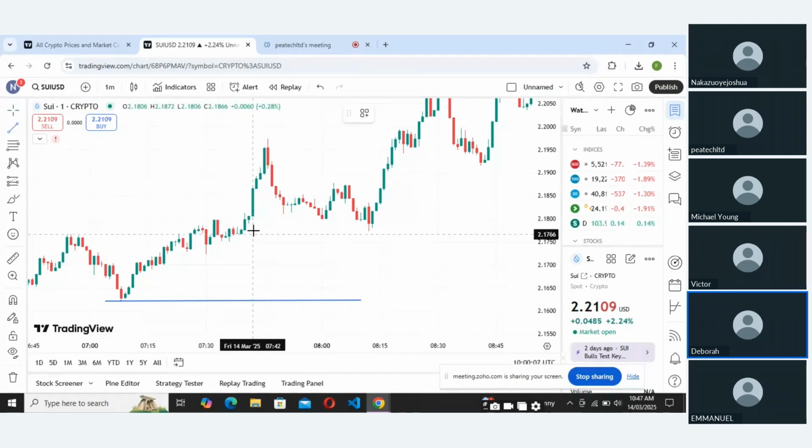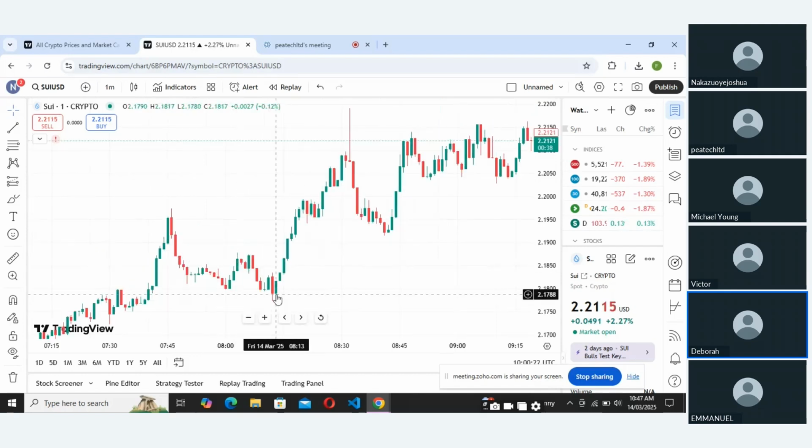And now we see that the market rose from this area to this point and faced resistance. So the market came down again, came down to this place.